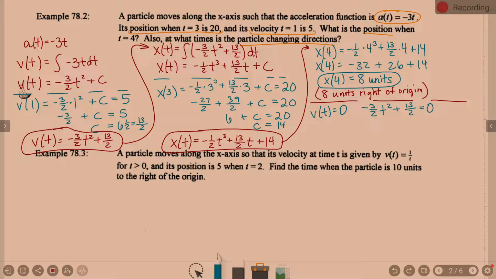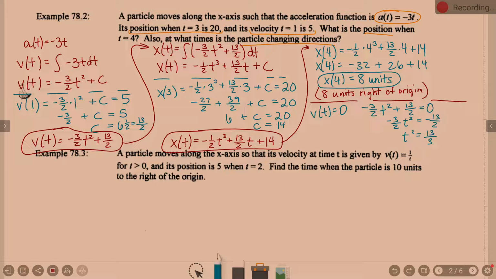So I'm going to subtract the 13 halves over. Negative 3 halves t squared equals negative 13 halves. I personally am going to multiply by the reciprocal. So if I multiply by negative 2/3, negative times negative becomes positive, 2's cancel, and I end up with 13/3.